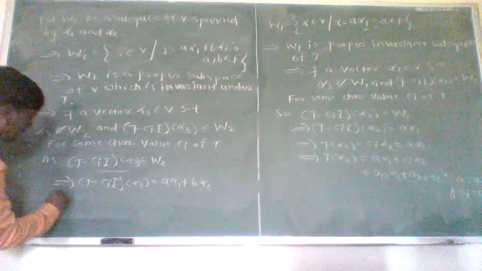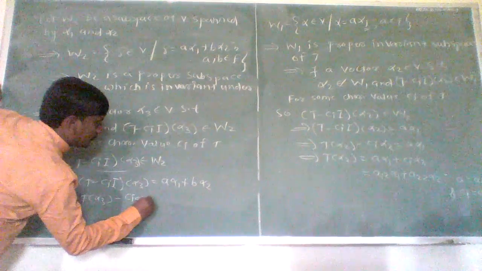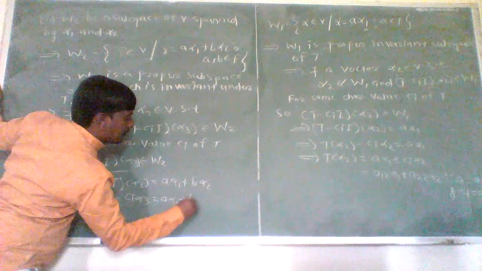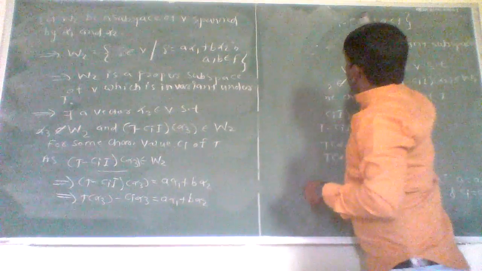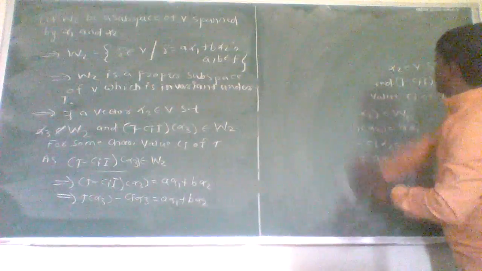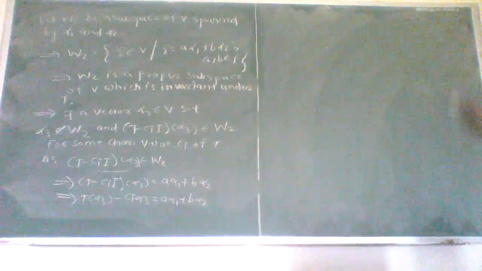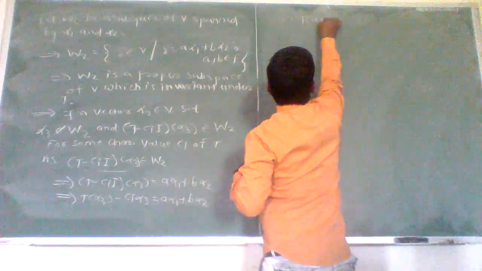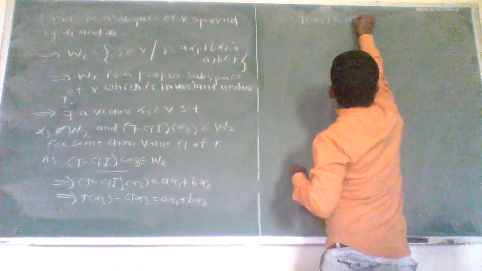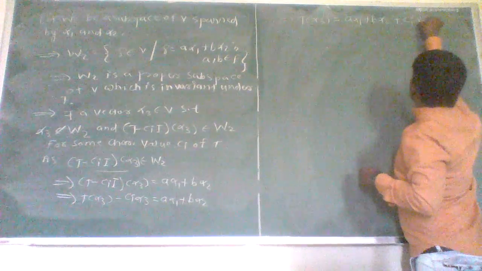Which is nothing but T of alpha 3 minus Ci into alpha 3 equal to A alpha 1 plus B alpha 2, which implies T of alpha 3 is nothing but A alpha 1 plus B alpha 2 plus Ci of alpha 3.